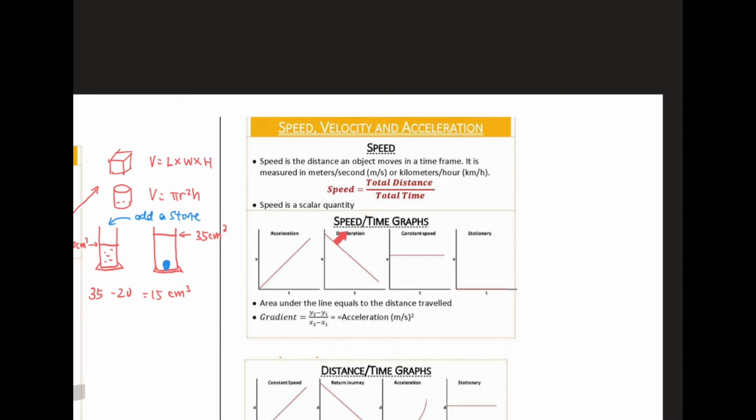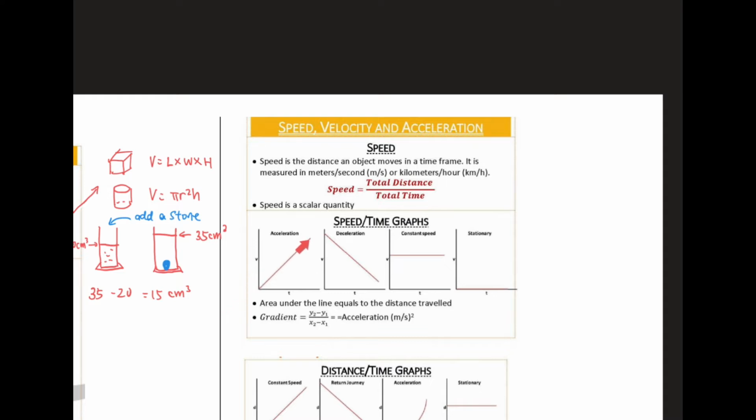Okay, so now we see the speed-time graph. So the first graph, you can see the y-axis is speed. V means speed. The x-axis is time. So if you have a straight line coming out from the origin, what happens here is the particle or the object is accelerating.